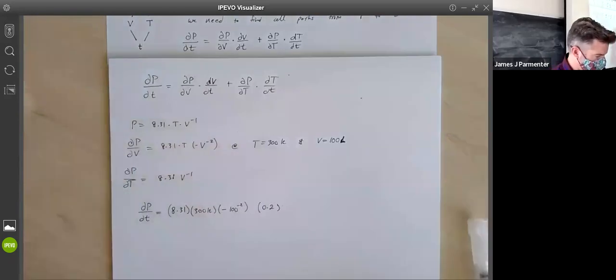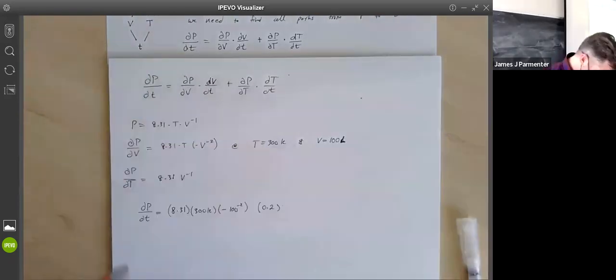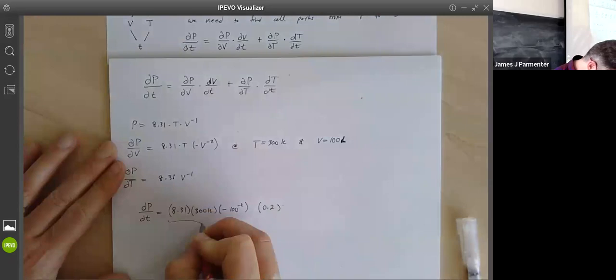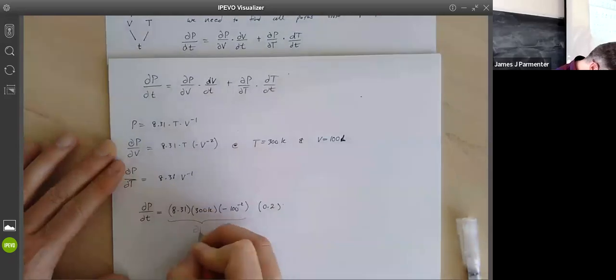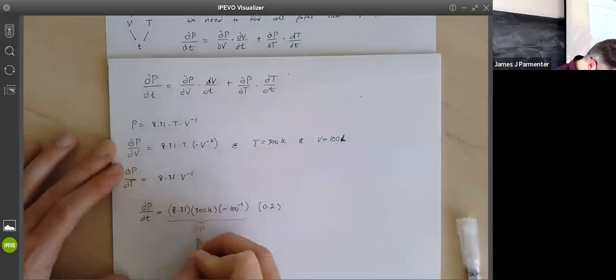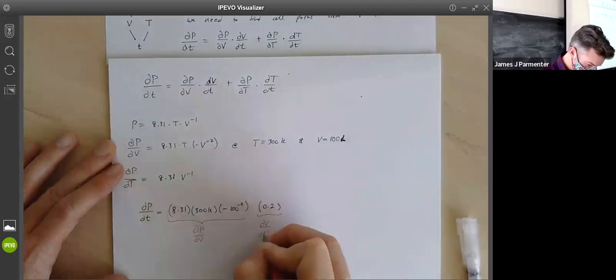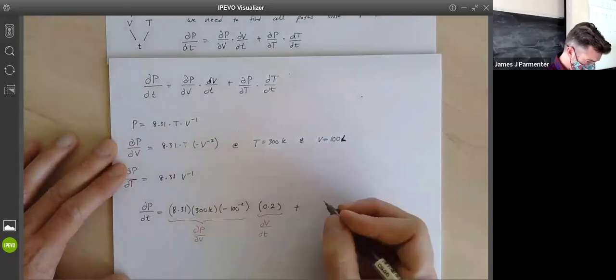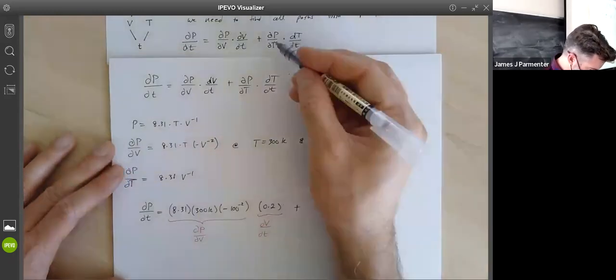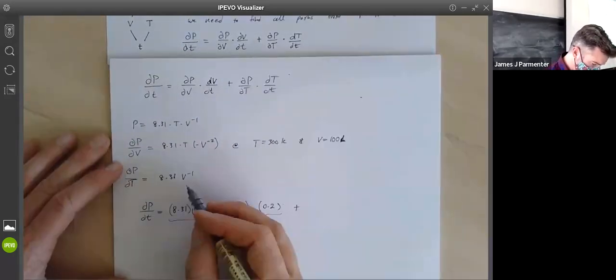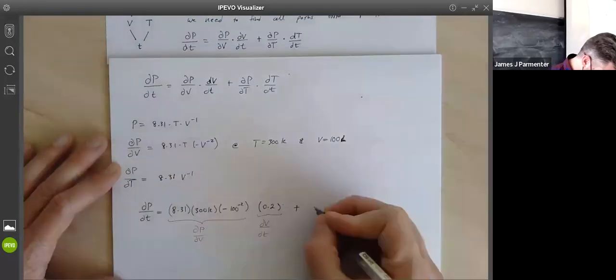So just to emphasize what's what here, there's my del P del V, there's my dV dt. Plus, then we're going to go the other way. Del P del T, that's just this. We're going to plug in V equal to 100 again. That's going to be 8.31.